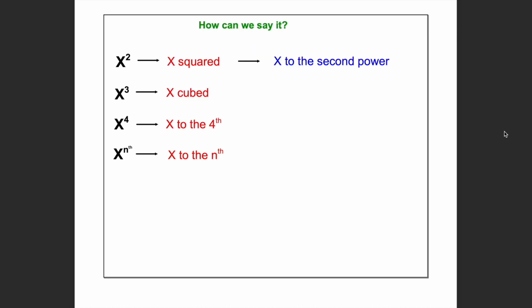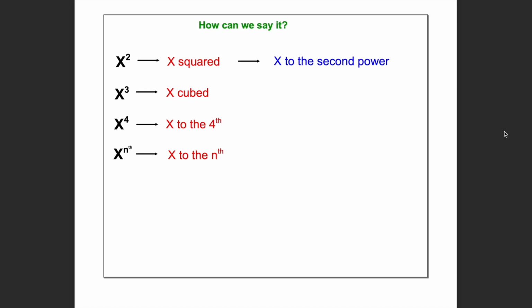Now, how can we say these exponents? Well, we say a couple different things on a few of them. This first one is x squared, but it's also the same thing as saying x to the second power. The next one is x cubed, but it can also be x to the third power.